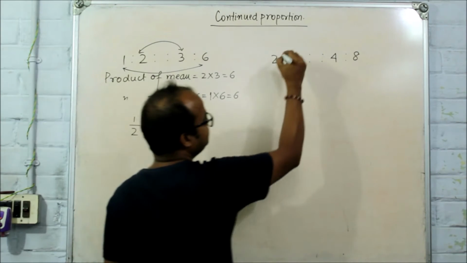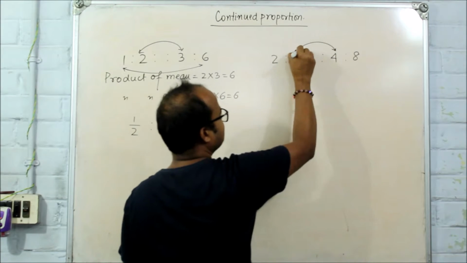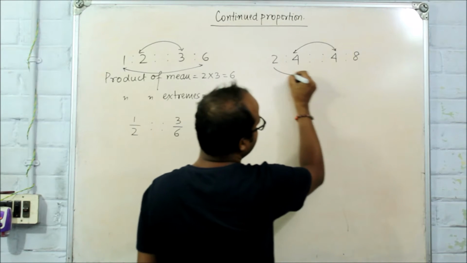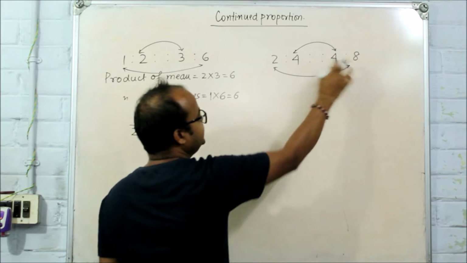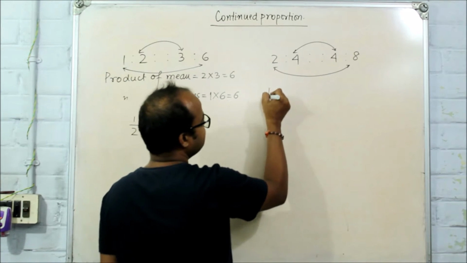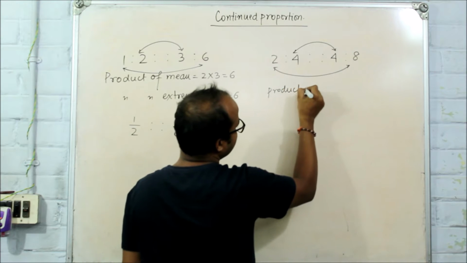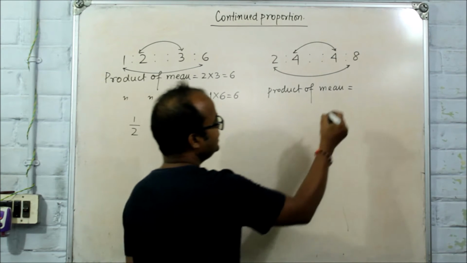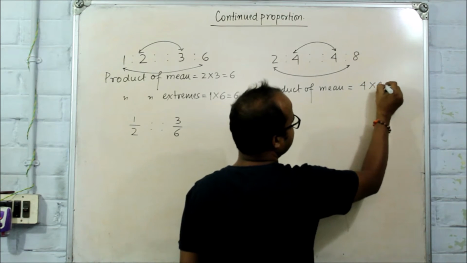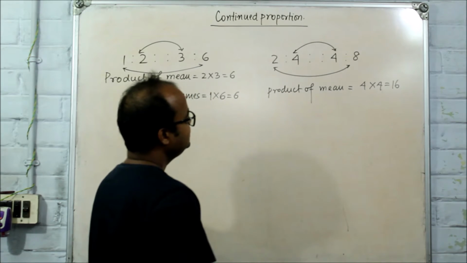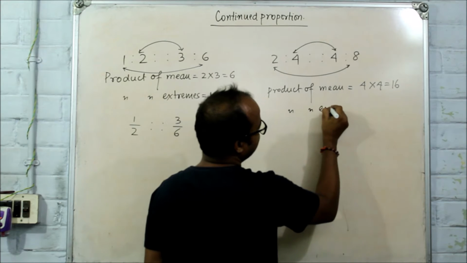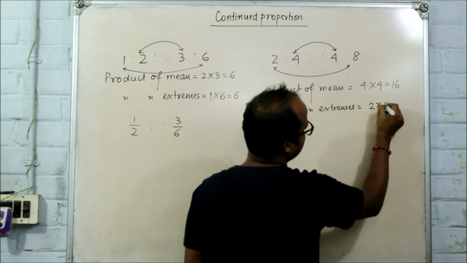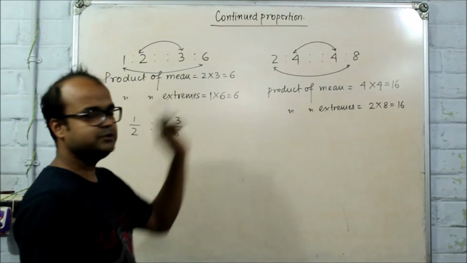So if you find out the product of means, you are getting 4 into 4, that is equal to 16, and the product of extremes is 2 into 8, 16, right? So they are said to be in proportion.